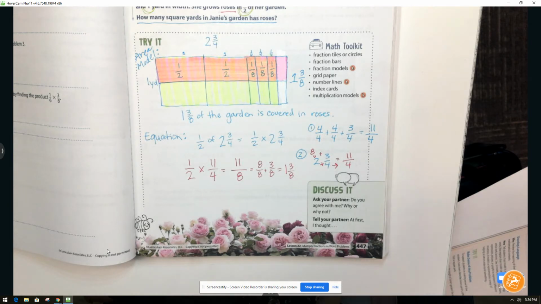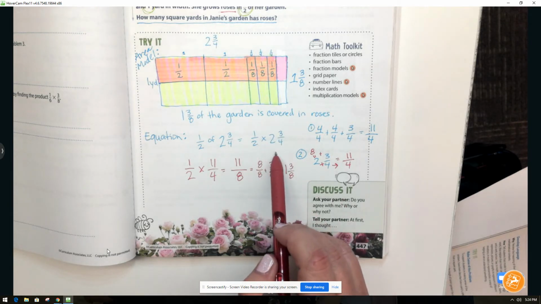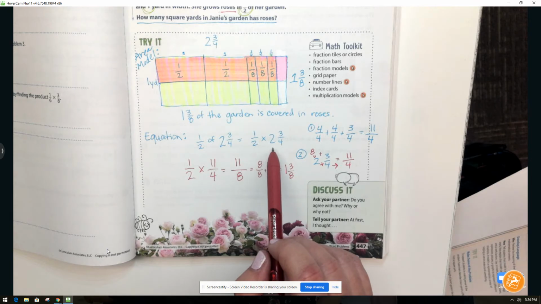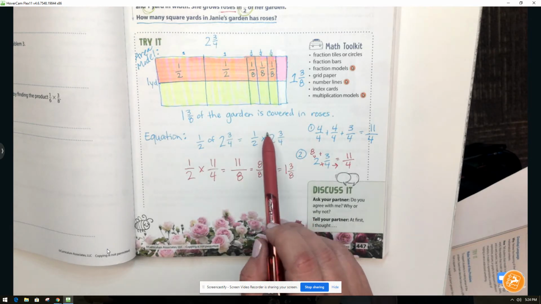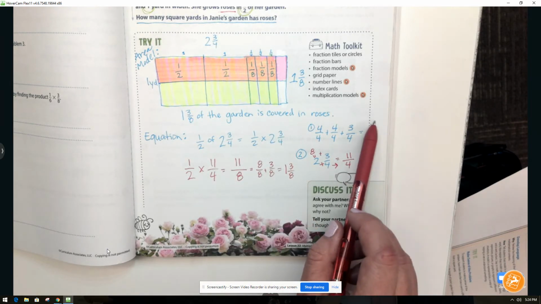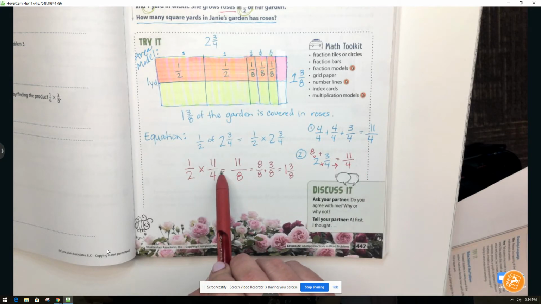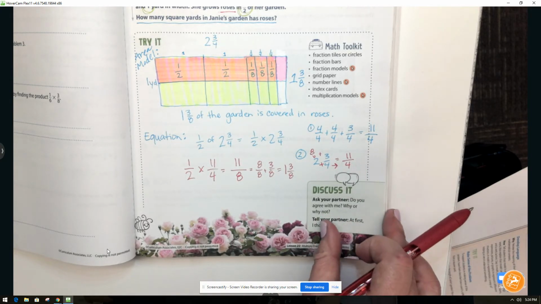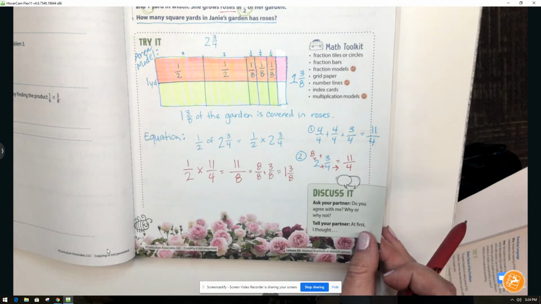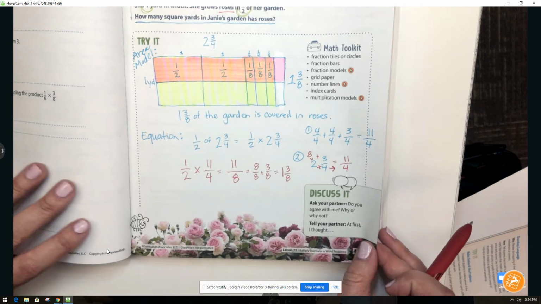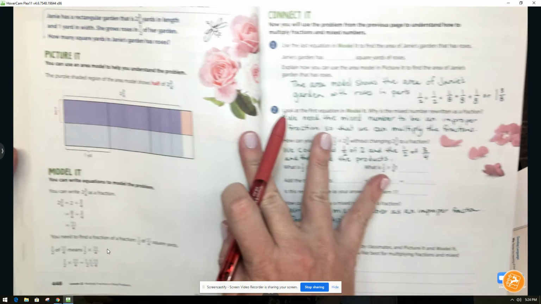I don't know which method is going to be best for you, but if you choose to use the equation, you do need to change this mixed number into an improper fraction before you can multiply it. But again, on the next page we're going to go over a couple of different options as well. So go ahead and turn to page 448.